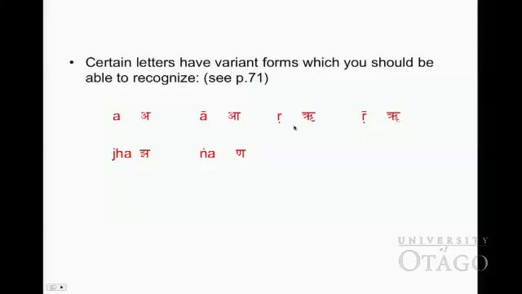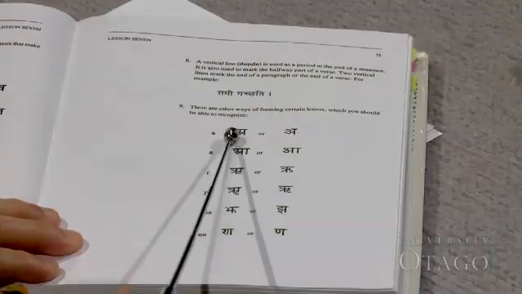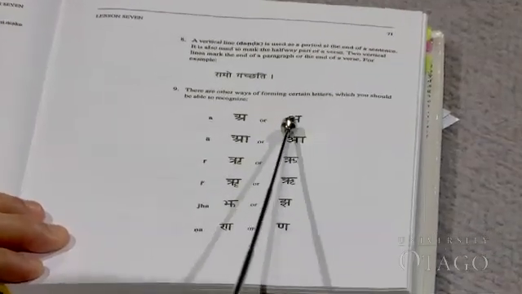Certain letters have variant forms which you should be able to recognize, such as a, ri, cha, na. You open page 71. You can see the Devanagari alphabet of A here or here.